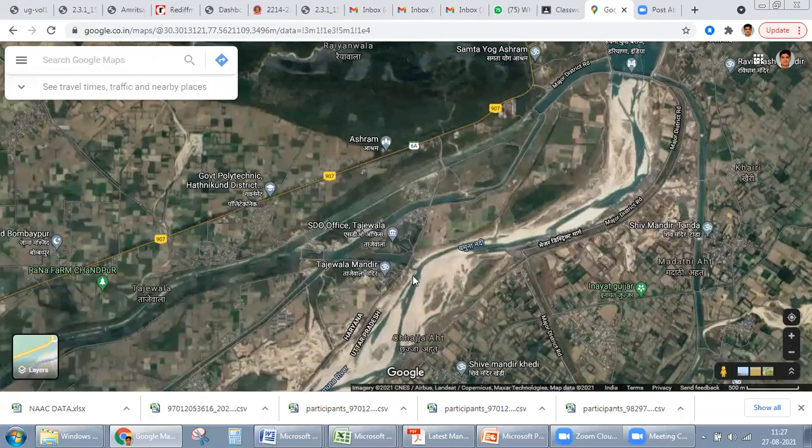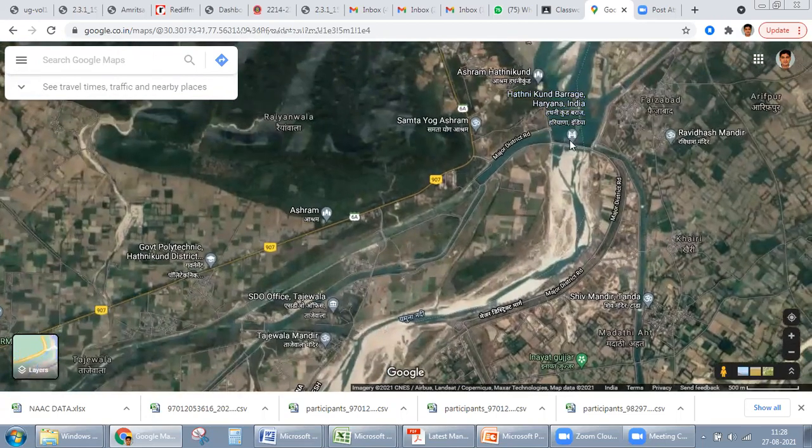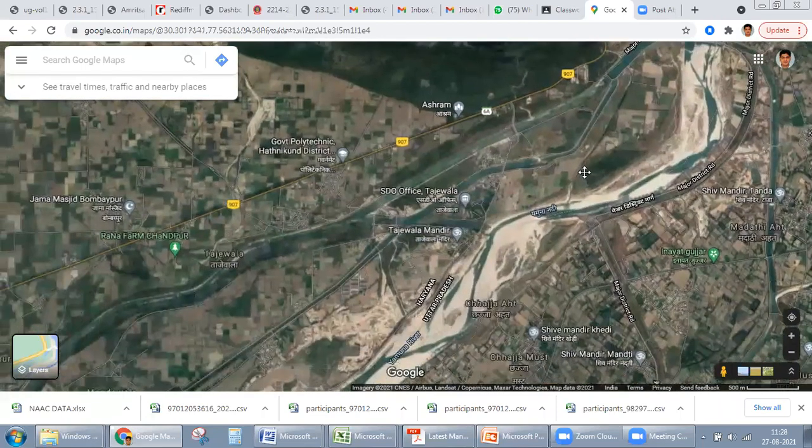This has completed its design life and it has been removed for almost the last 20 years. And as a replacement of this headwork, the new Hathnikund barrage was constructed in the year 1999. So from here, this canal is diverted and it is joining the same earlier canal. And in between, they have made the provision of this powerhouse as well.